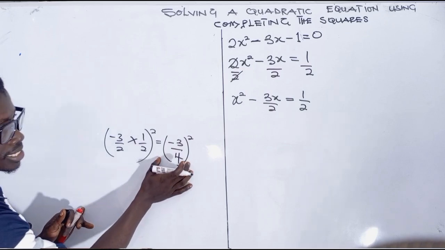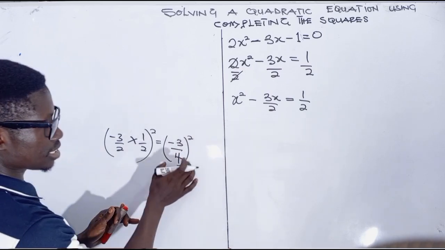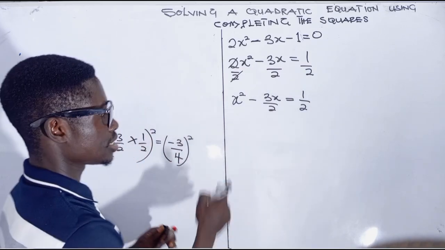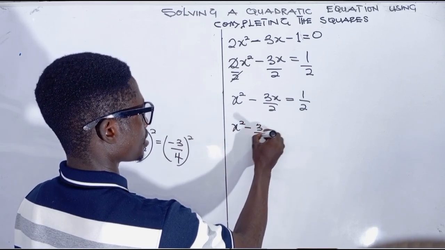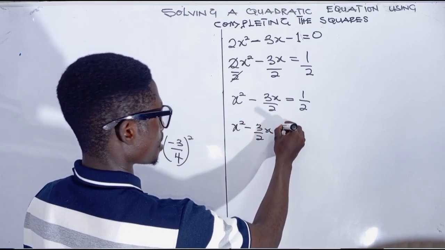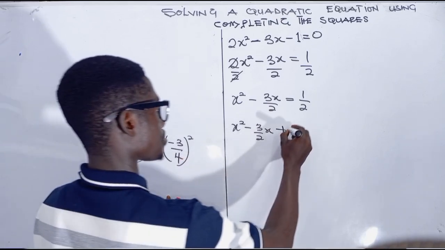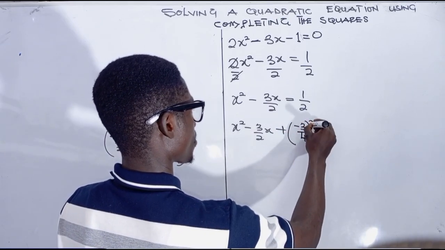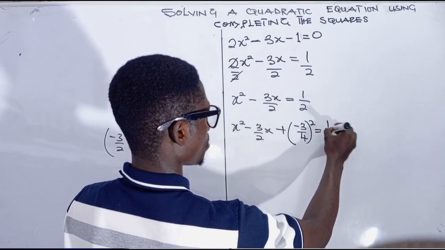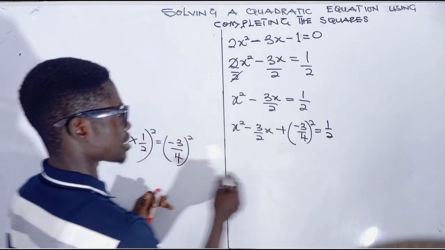So we are going to add this to the left hand side, this to the right hand side. So we will be having x squared -3 all over 2x plus this, and then we have 1 all over 2 plus this.